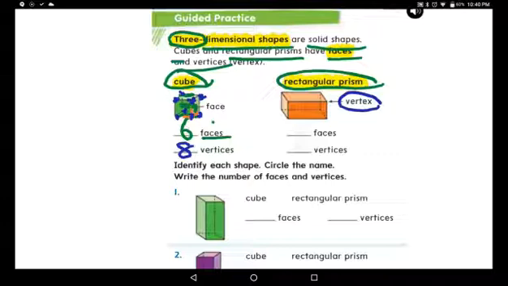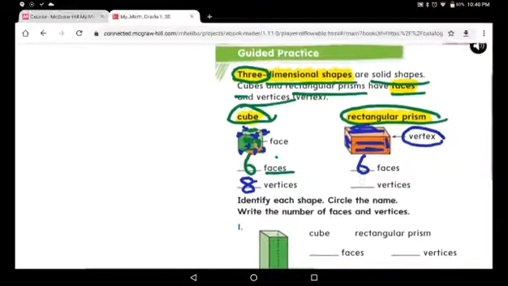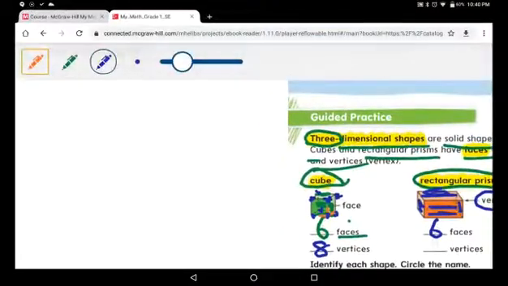So let's count the faces we used. 1 up, 1 down as base, so it's 2. 1 to the left and 1 to the right, so they are 4. Now, 1 to the front and 1 at the back, so it's 6. So 6 faces. Right?